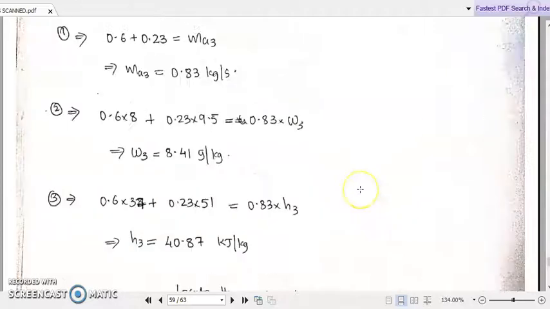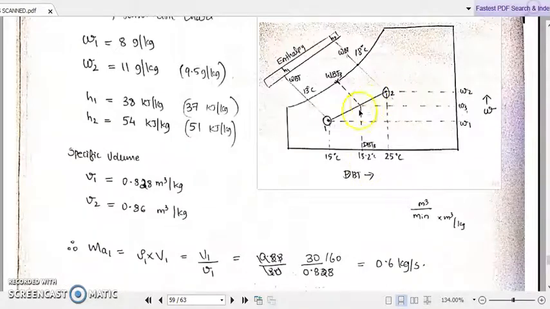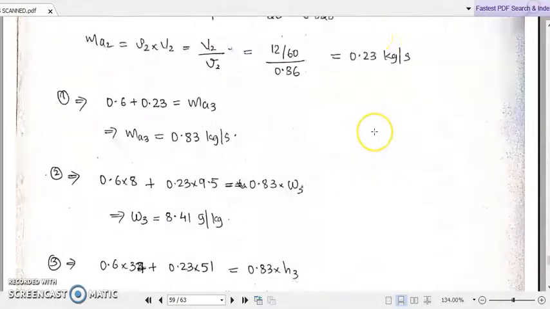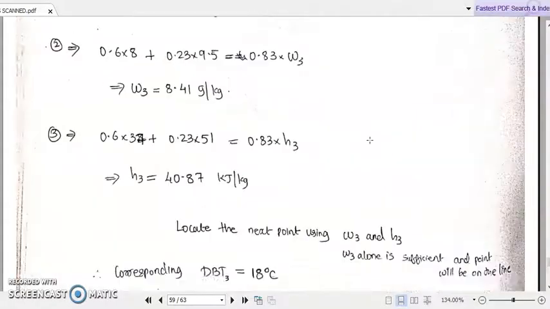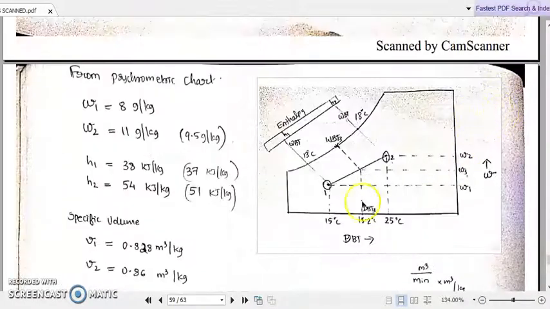Since we have already drawn the line connecting 1 and 2, either omega 3 or H3 alone can be used, and we can directly find the intersecting point, that is point 3. This point 3 represents the final mixture, the third stream getting formed.